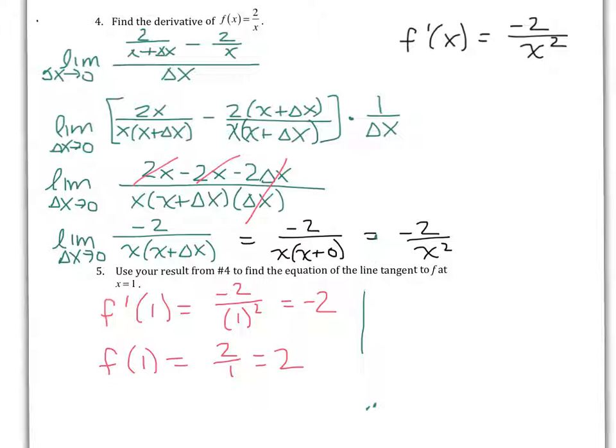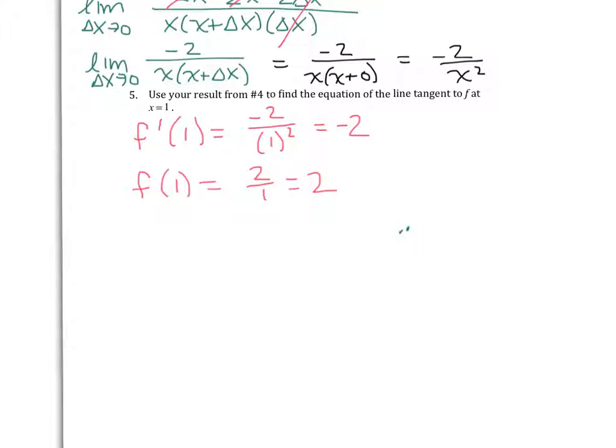So what that tells us then is that the slope of our tangent line at 1 is negative 2, and the point (1, 2) exists on our graph. So we're just going to plug that into point slope form. We have y minus 2 equals negative 2 times quantity x minus 1.